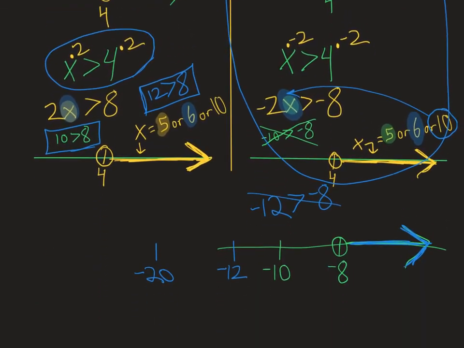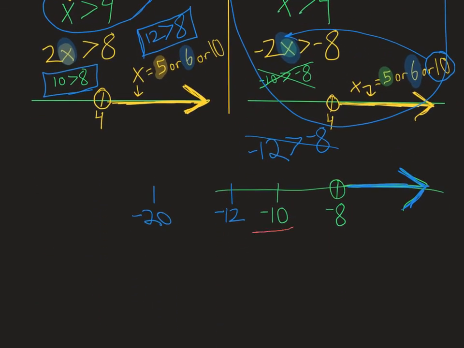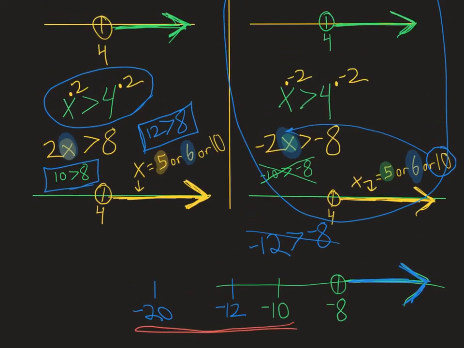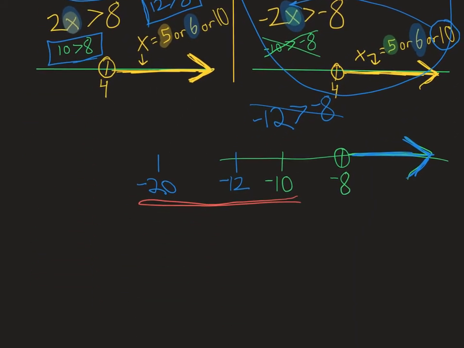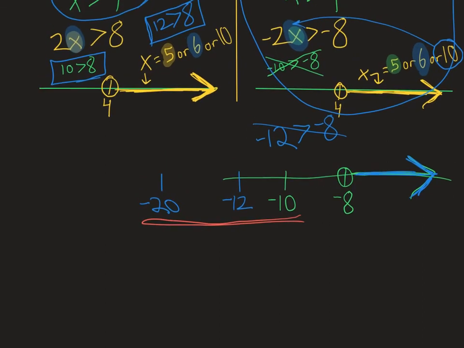To make all of these new solutions true, we would have to rewrite the inequality. Instead of x greater than, what did we have? X greater than 4. It's actually reversed when we multiplied. Now we have negative 10 is less than negative 8. It used to face the other way.